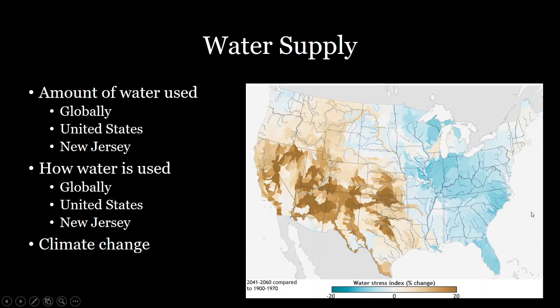And so you have this kind of double-edged sword of the East Coast being smacked by hurricanes while the West Coast is suffering from severe droughts.